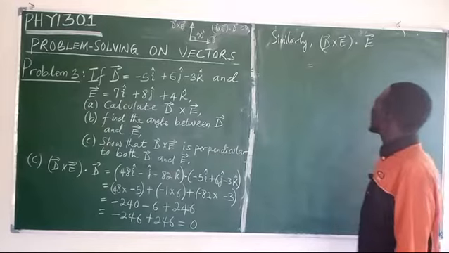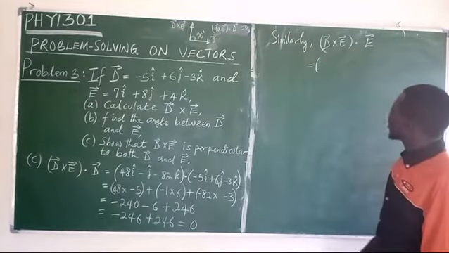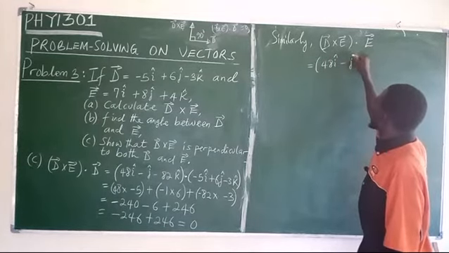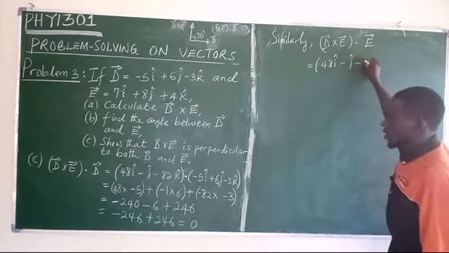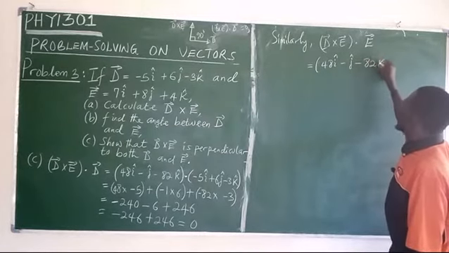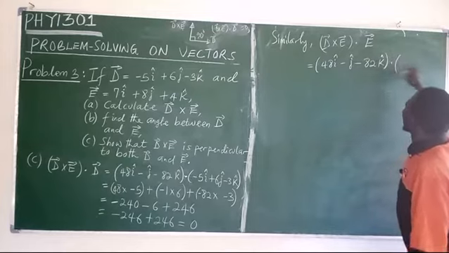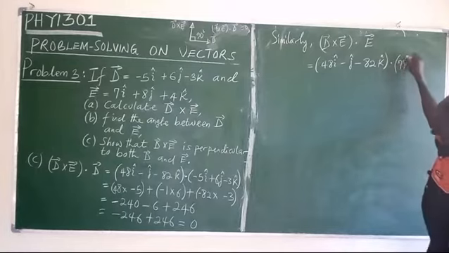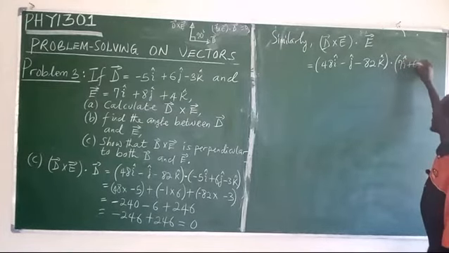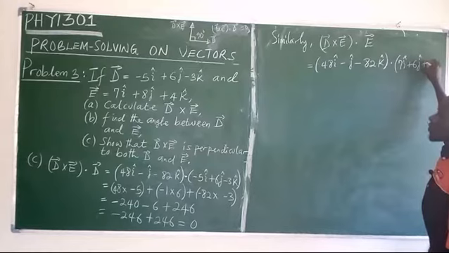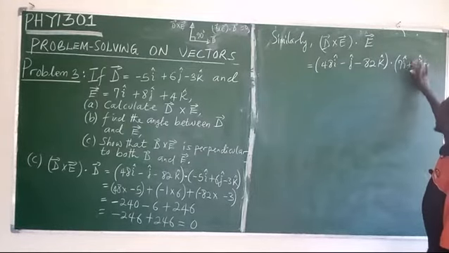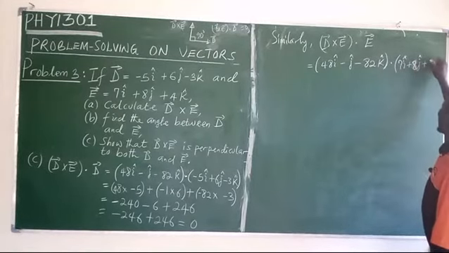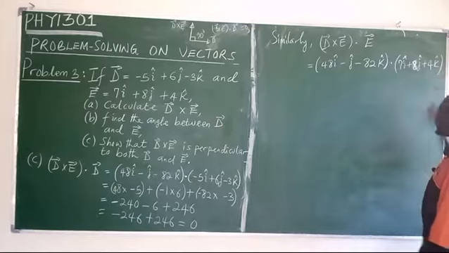We got D cross E as 48 I hat minus J hat minus 82 K hat dot our E, this is our E here, so we write 7 I hat plus 8 J hat plus 4 K hat.